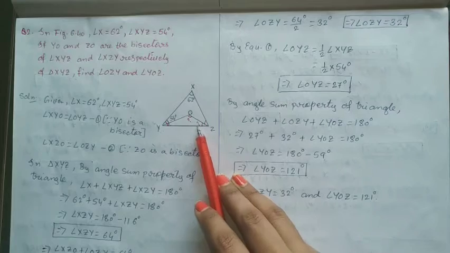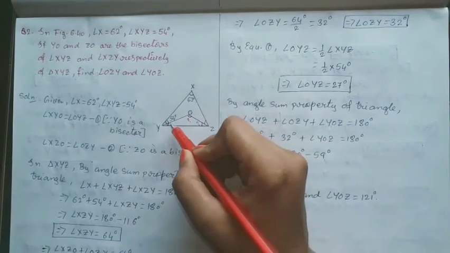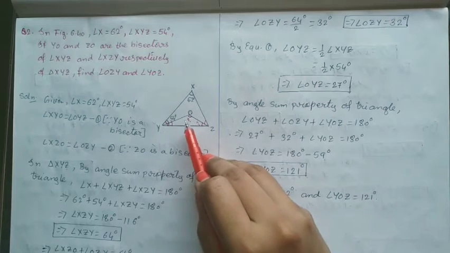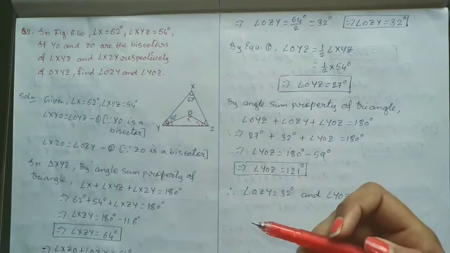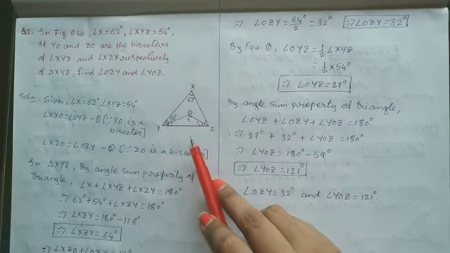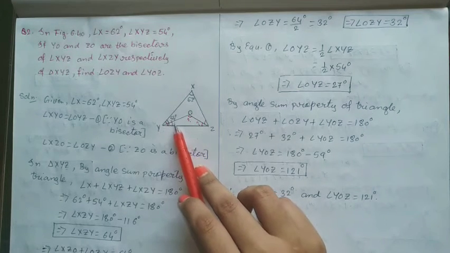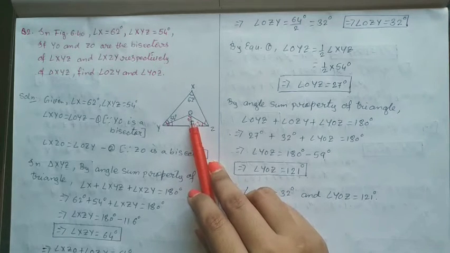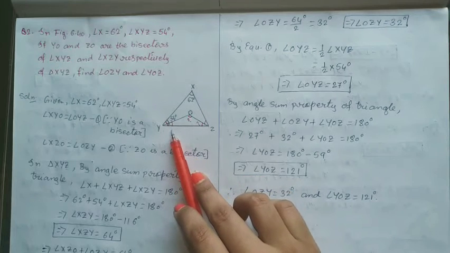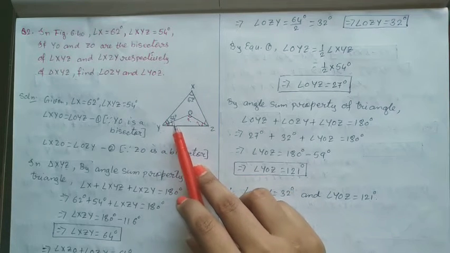If we know the value of this angle and this angle, then we can write it as 180 minus the sum of these, using the angle sum property of a triangle. That's what we're going to do. But before that, we have to find out this angle. We know that YO is the bisector. Since it is the bisector, if we divide this angle by 2, we will get the value of this angle.